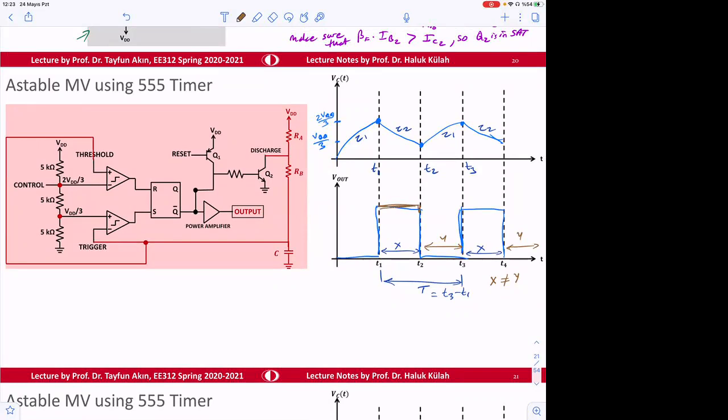So the duty cycle will not be 50%, but it's okay. You might play with things and try to make the duty cycle equal. How?